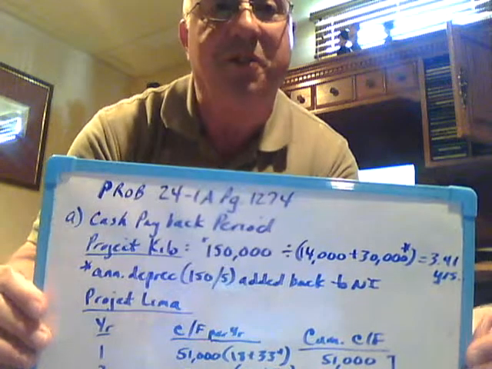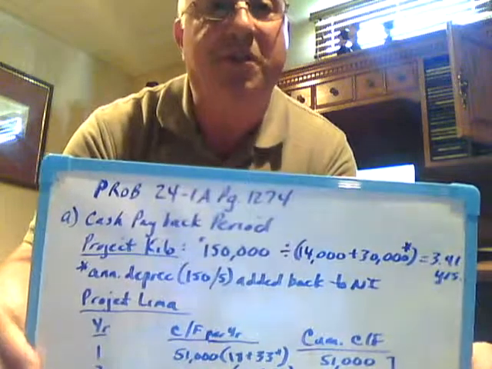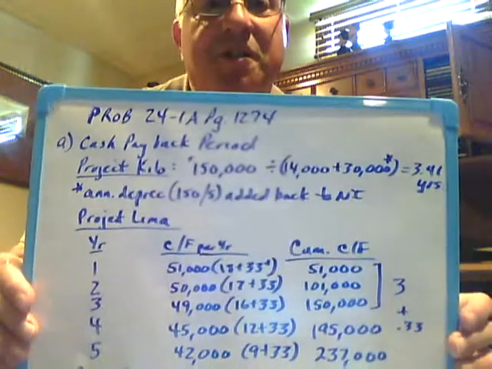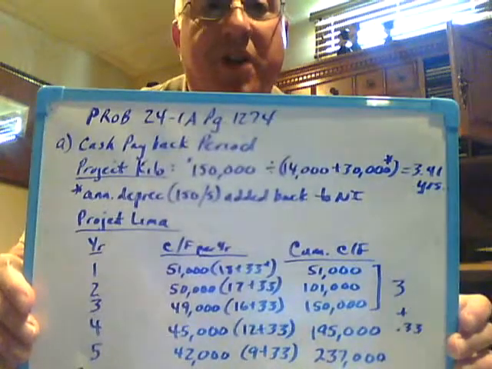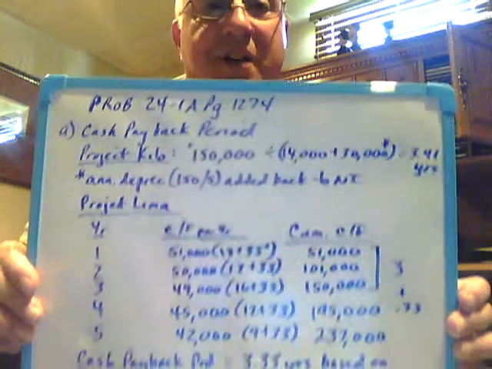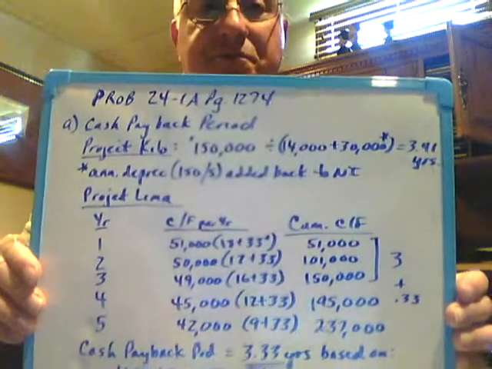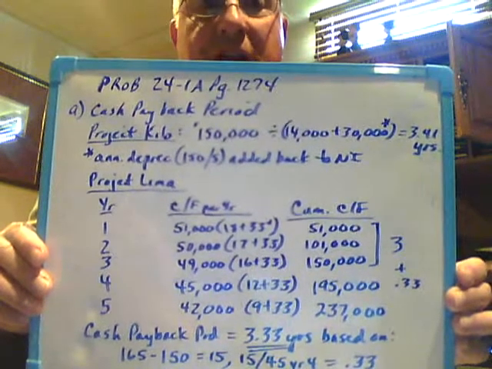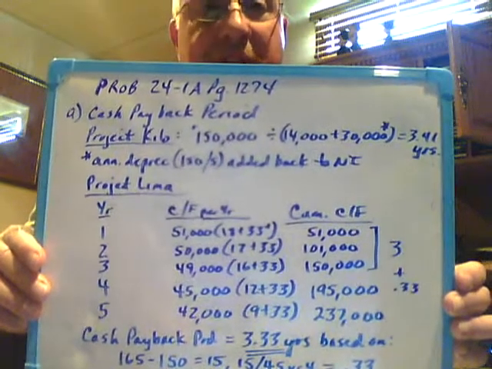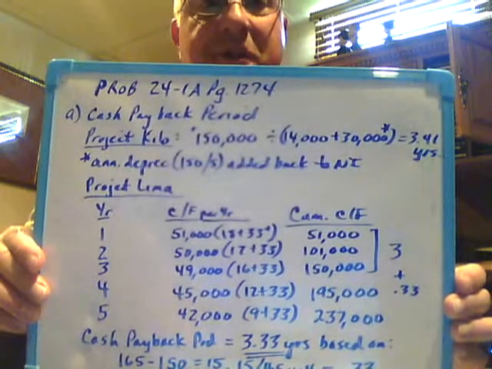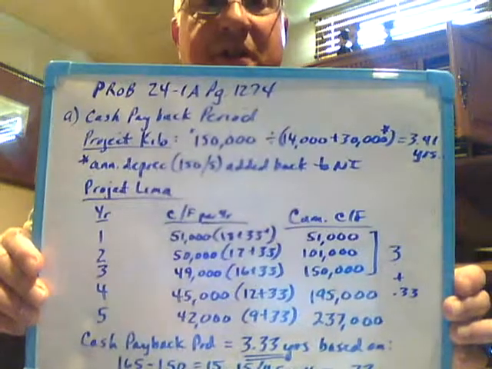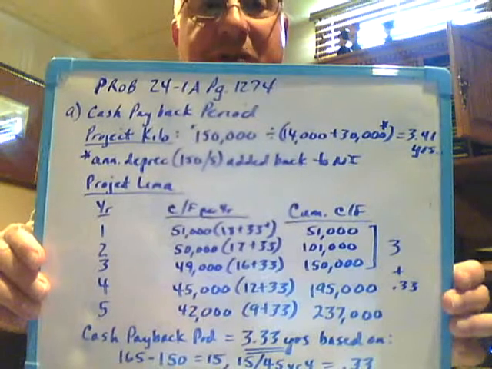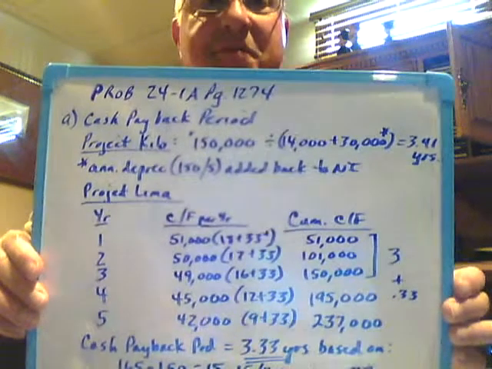Now we move down to Lima, and this gets a little more complicated, because now we have a different cash flow amount per year. We have a project that cost $165,000, so the annual depreciation that again we need to add back, because they gave us net income for each year, is $33,000 based on 165 divided by 5.